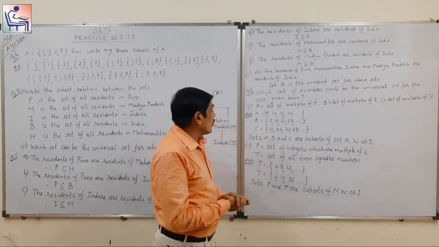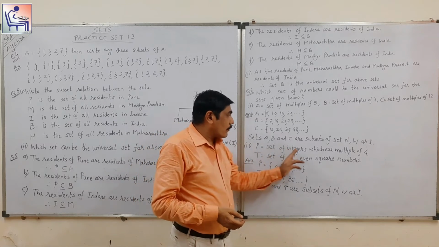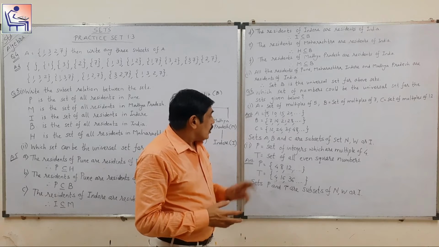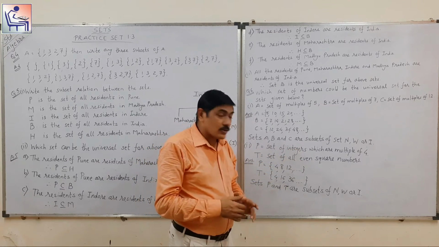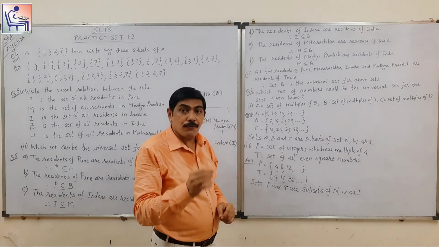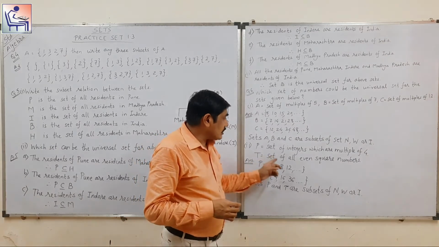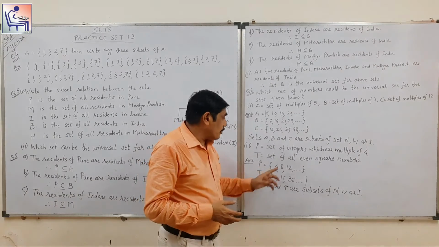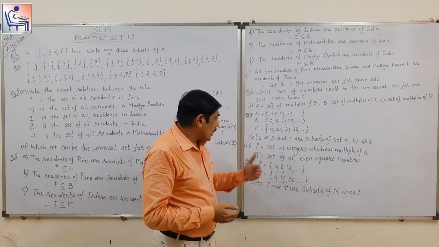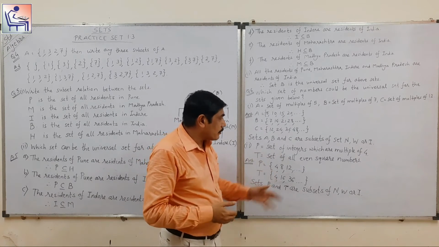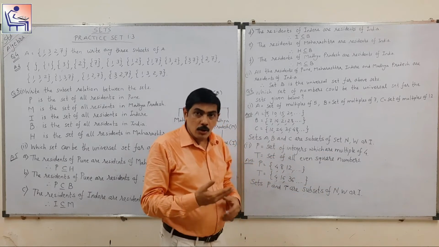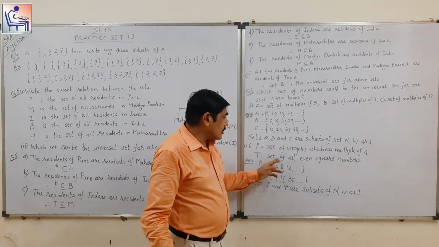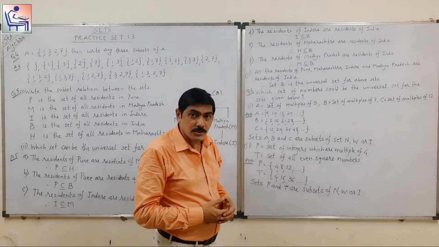Now question number 2. P is a set of integers which are multiples of 4. T is a set of all even square numbers. So यहाँ पे हमें पता चल रहा है P 4, 8, 12 and so on, because multiple of 4 बोला है, तो हमें क्या करना है 4, 8, 12 and so on. Then T is a set of all even square numbers.